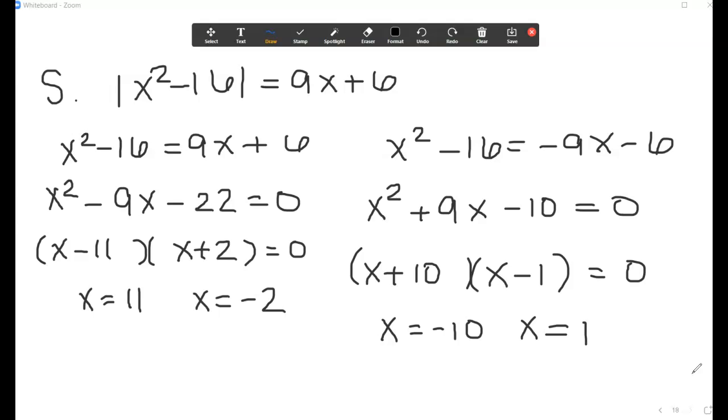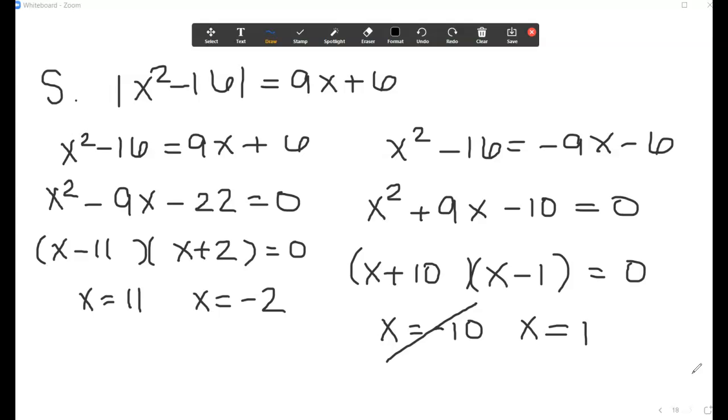And then you have to go through and check them. If we plug in negative 10, we're going to get a negative 90. So negative 10 can't be part of my solution set because I can't have an absolute value equaling a negative.